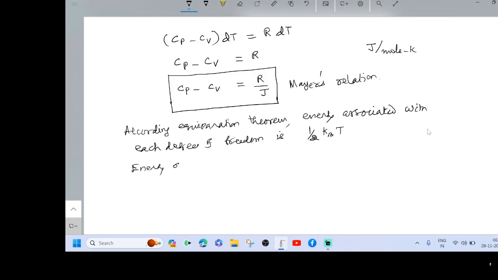The energy of each molecule is half kB T times f. Here f is the degrees of freedom.